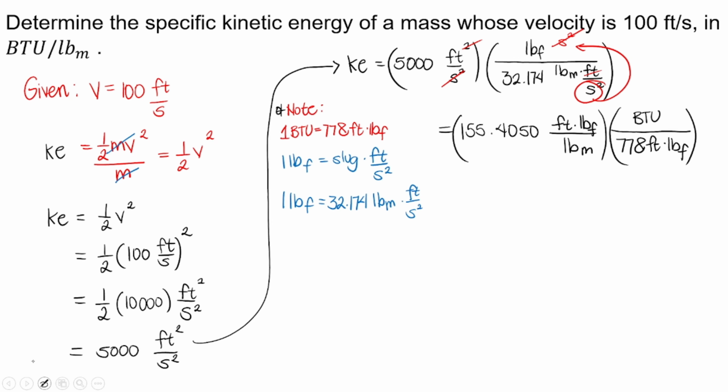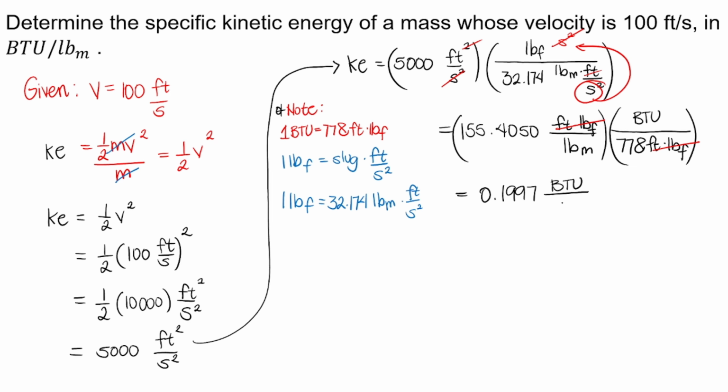Ayan. So, the units will cancel out. And pressing that in your calculator, na naka-shift store yung value, 155.4050 divide 778, you will have 0.1997. And again, ang natirang unit is yung hinahanap sa problem na BTU per pound mass.